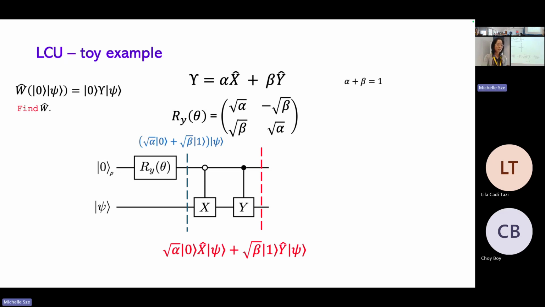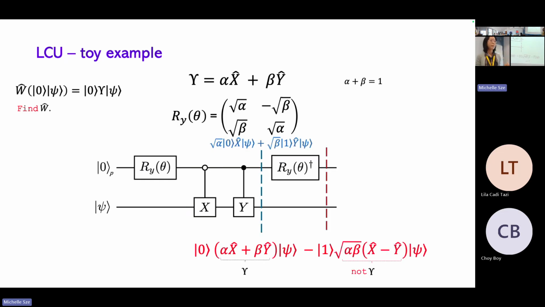Then, in an attempt to convert the ancillary register back to the zero state, we have to do some uncomputation by doing this inverse of the RY gate. But doing so, we find that it's not always going to be the zero state.